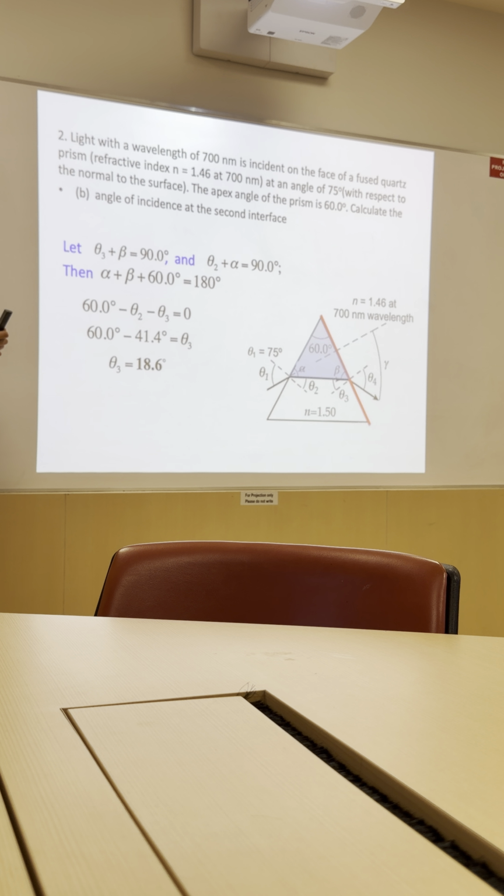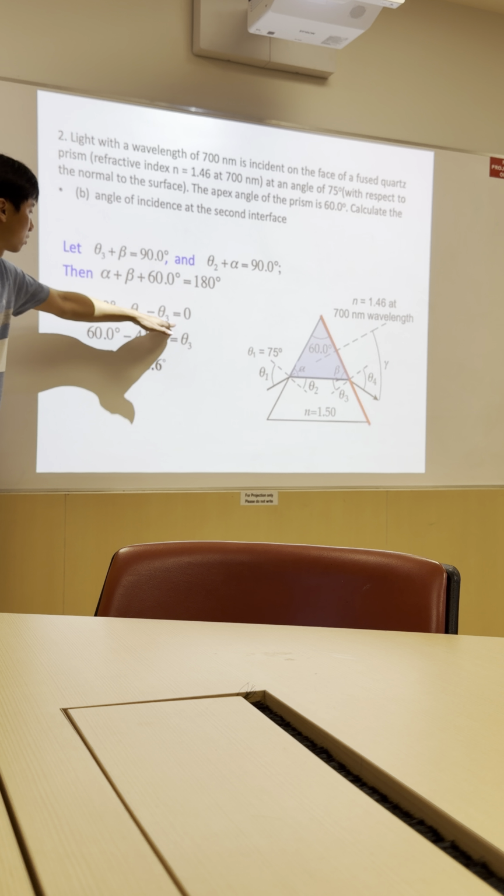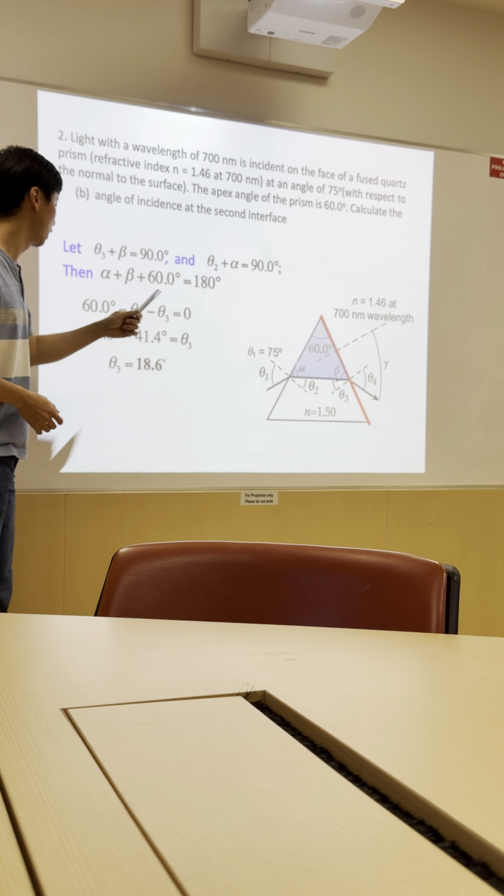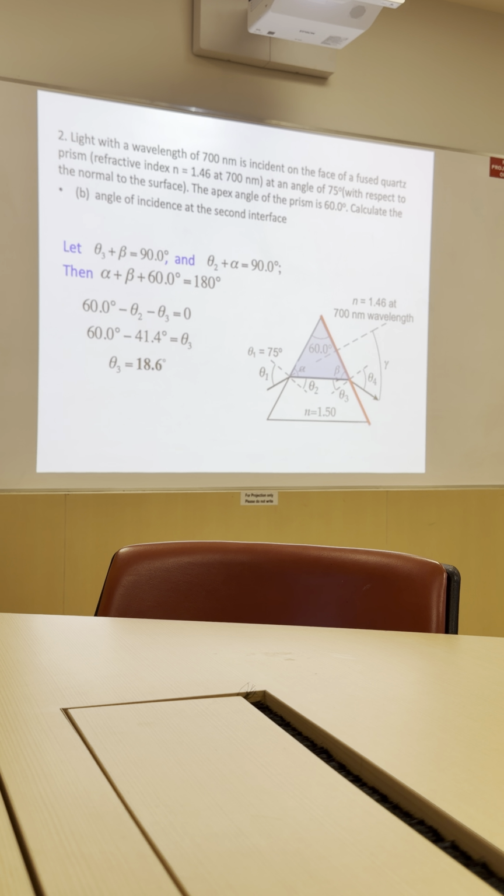Right? Then you can define alpha plus beta from that. Then apply this, and you can derive 60 minus theta 2 minus theta 3 equals 0. We know the value of theta 2, which is 41.4, so you can calculate theta 3: 18.6.